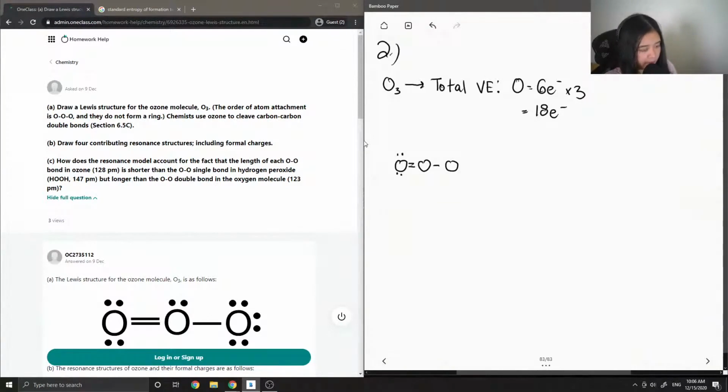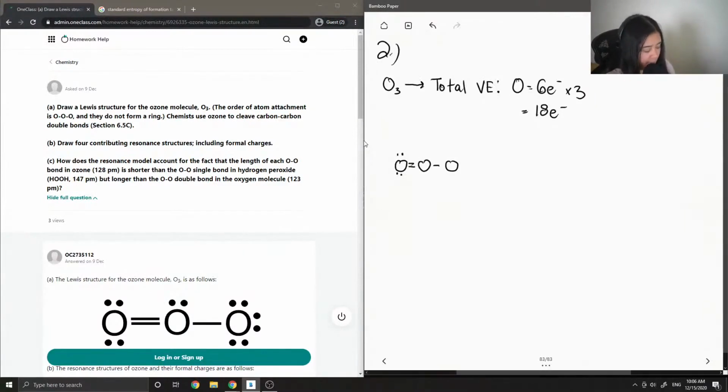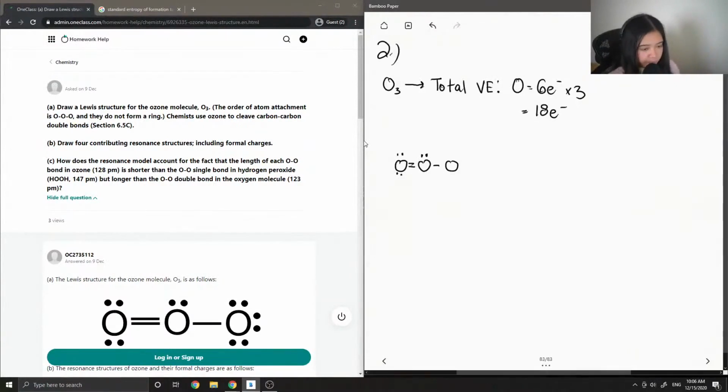So I'm just going to write 4 valence electrons on the oxygen on the left. And in the middle, it has a double bond and a single bond on its right. So for a full octet, I'm just going to add a lone pair at the top there.